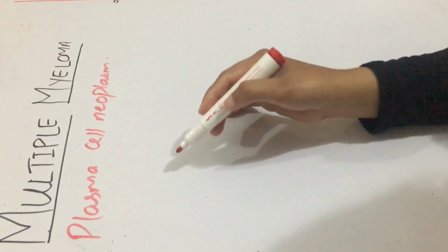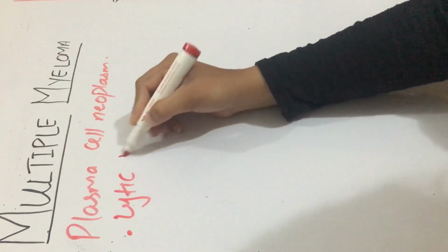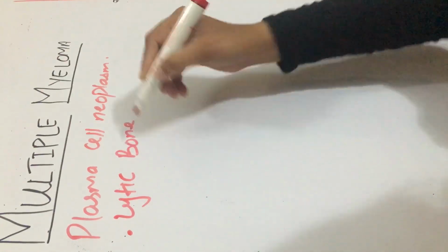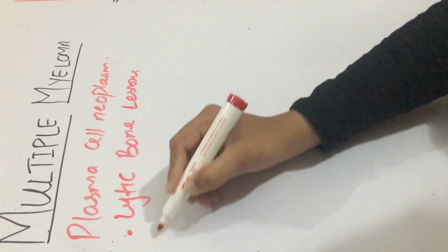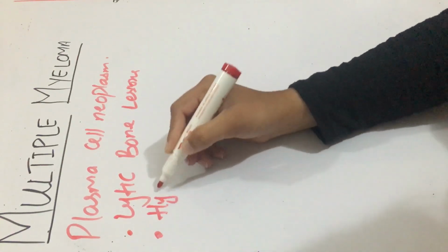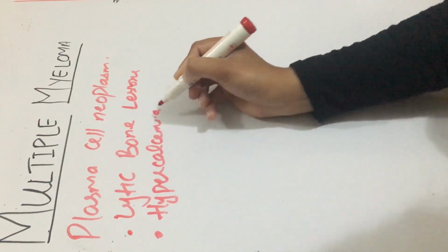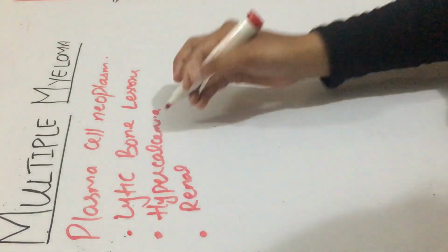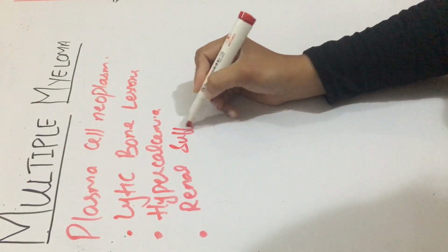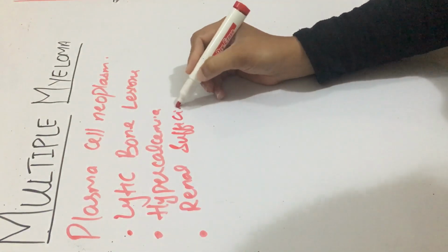Like in multiple myeloma, it causes lytic bone lesions, and when the bone is rapidly being resorbed, hypercalcemia would also occur. And there would be renal insufficiency due to the various immunoglobulins which also act as tumor markers.